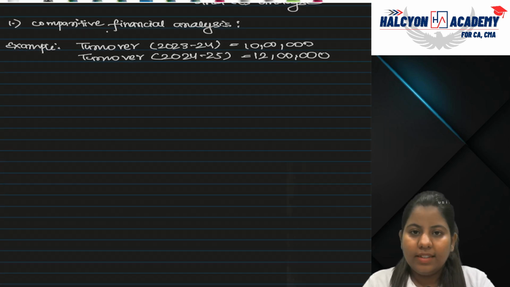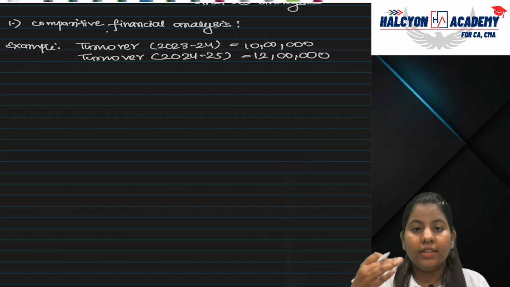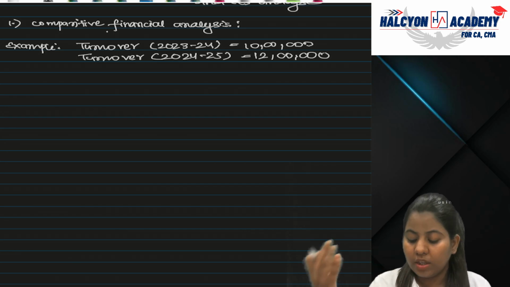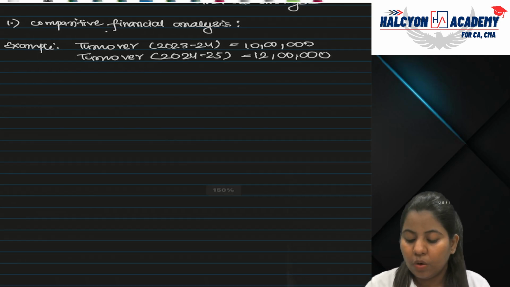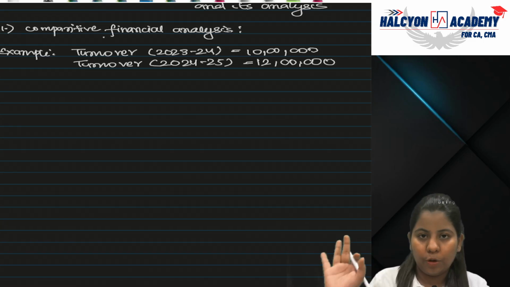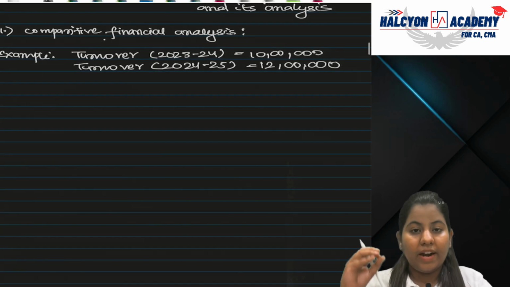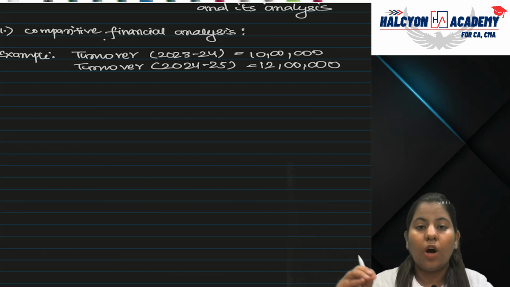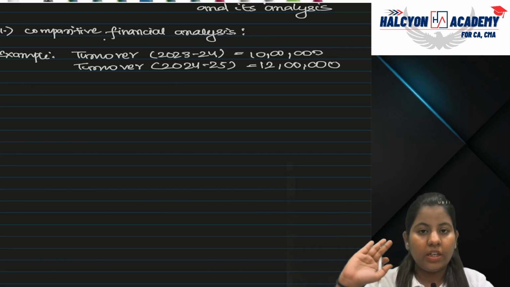So we can clearly see that the turnover has increased from previous year to current year, by 2 lakh rupees. In comparative financial analysis, we find out in percentage the amount of increase or decrease.